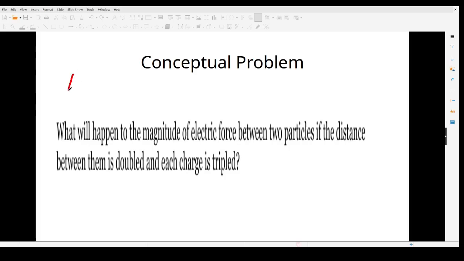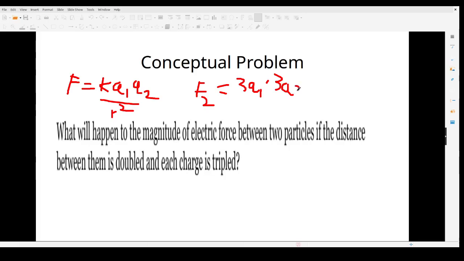So if we look here, we have F is k Q1 Q2 over r squared, and F2, each is going to be 3Q1 times 3Q2 over 2r squared.